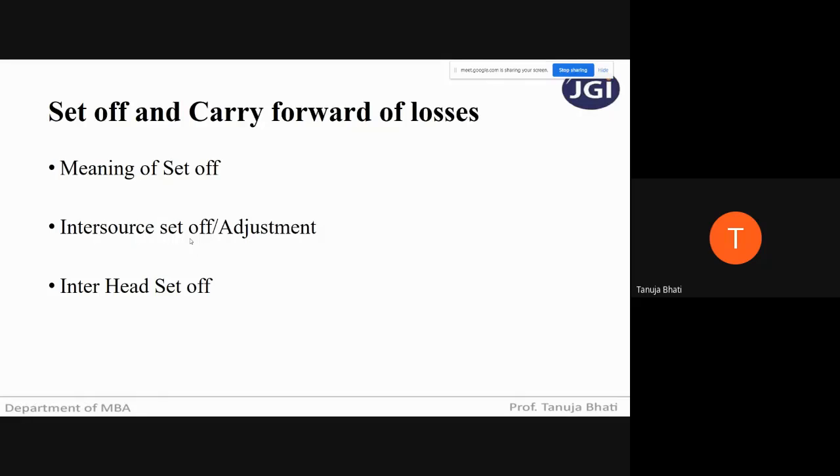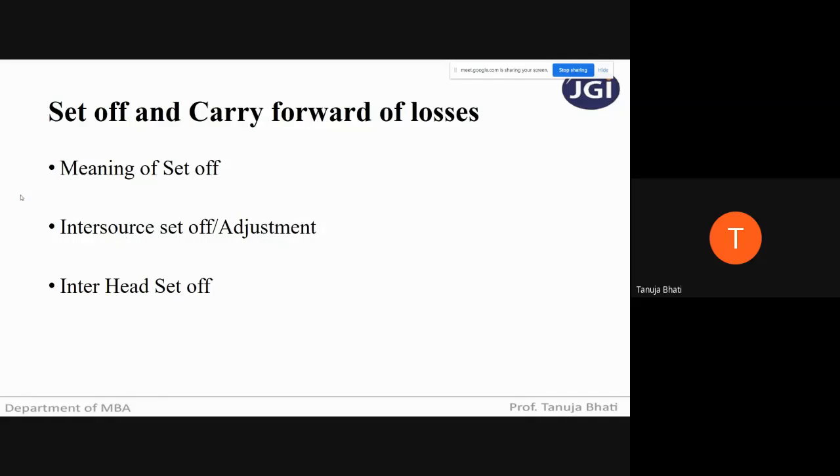Long-term capital loss cannot be set off against short-term capital gain. Though they are falling under the same source, it is impermissible. But short-term capital loss can be set off against long-term capital gain as well as short-term capital gain. So did everyone understand what is inter-source set-off? Yes, ma'am. Okay.